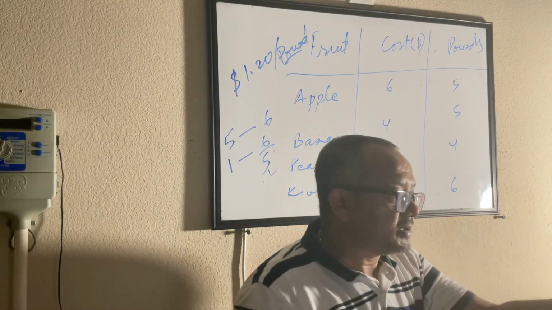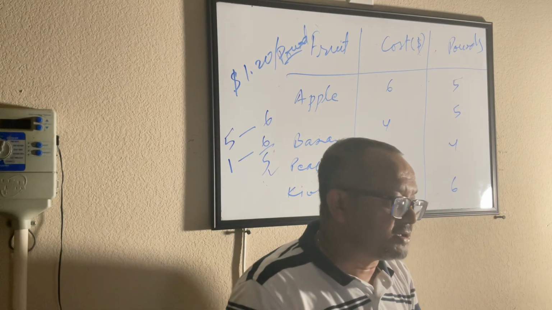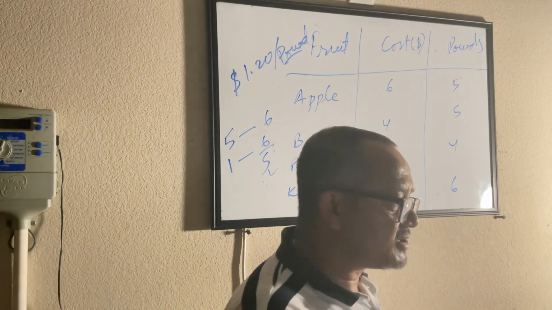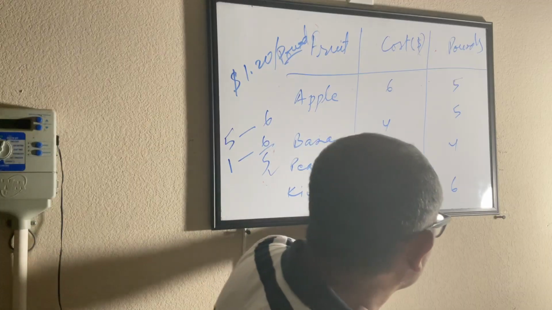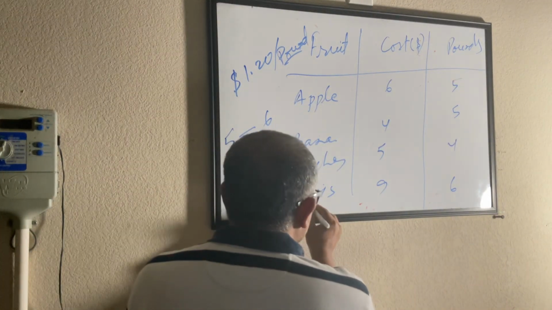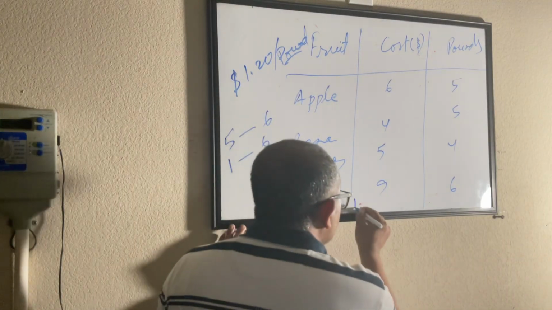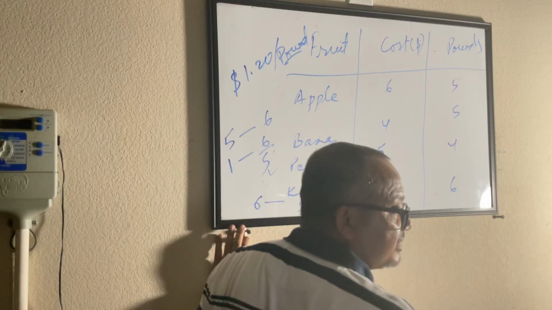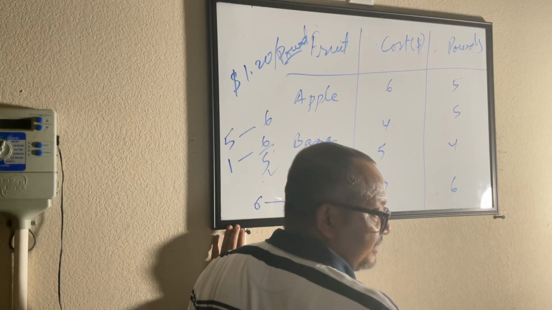So now, Tasvik, you want to change your answer? Only validate your answer. Which one is the right answer? Kiwi. $9 for 6 pounds. So 6 pounds cost is $9. 1 pound cost will be how much? 9/6. Yep.